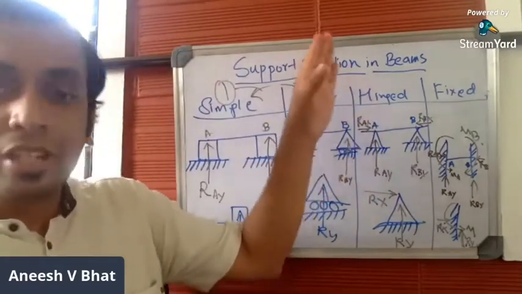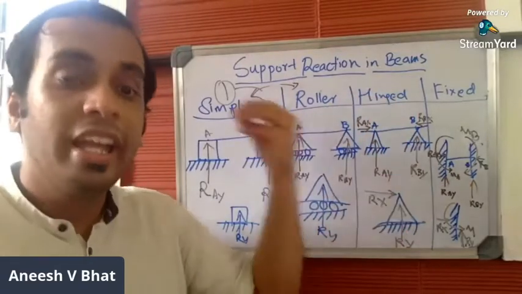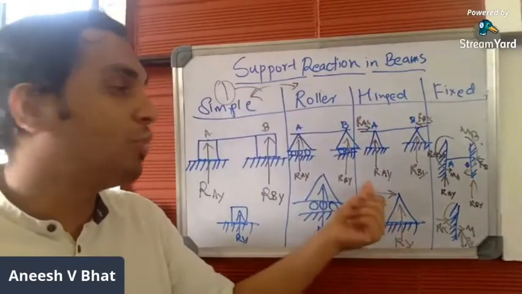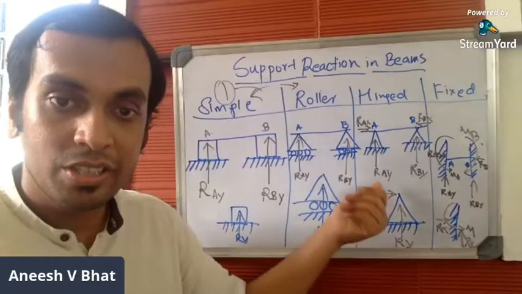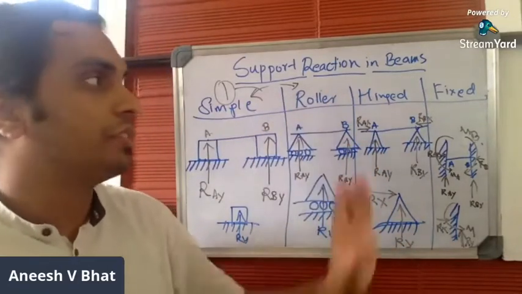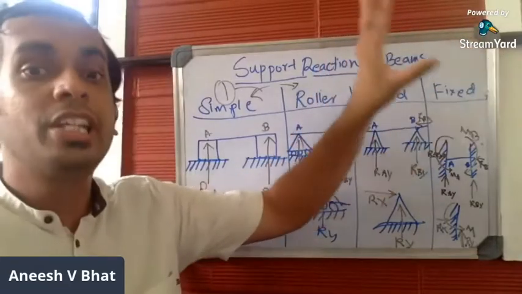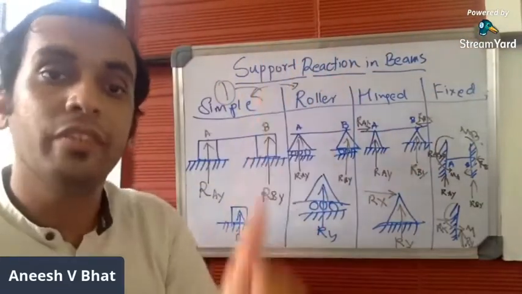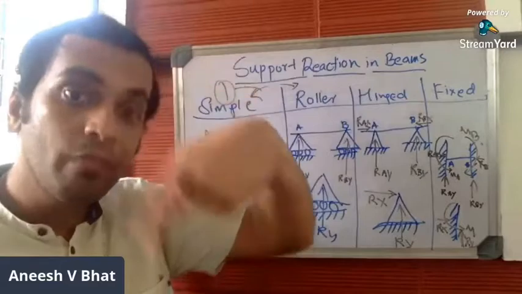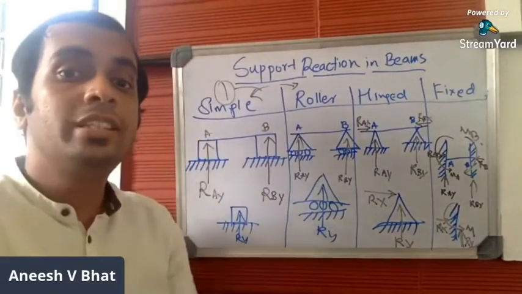Now, if you consider hinge support, if a particular cross section is supported using hinge support, it offers two reactions, one in y direction and the other one in x direction. Whereas if a particular beam cross section is supported using fixed support, it will offer three reactions, one in y direction, other one in x direction, along with the moment. Even moment is considered as one of the support reactions. So these are the four types.